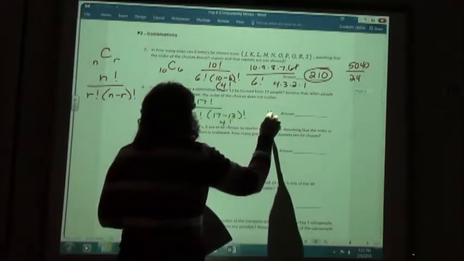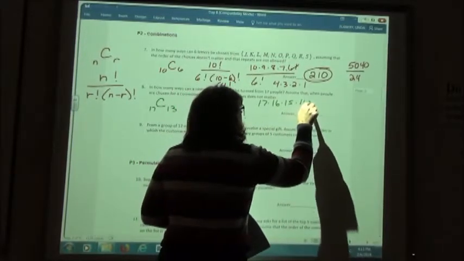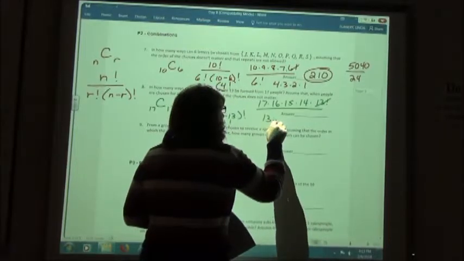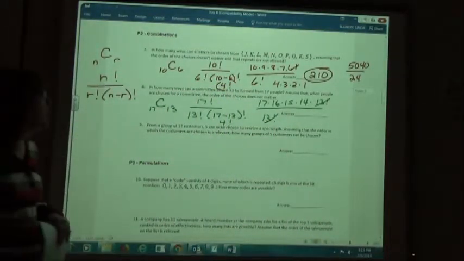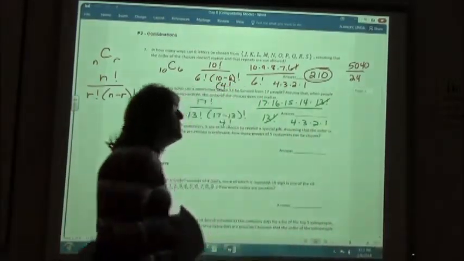So if I'm figuring that out, 17 times 16 times 15 times 14, and then the 13 factorial is going to cancel out. And then on the bottom, I'm just going to do the smaller one, the 4 factorial. So 4, 3, 2, 1 again.